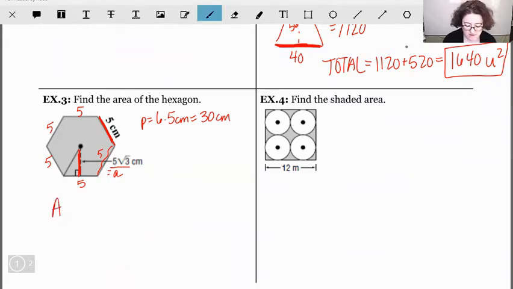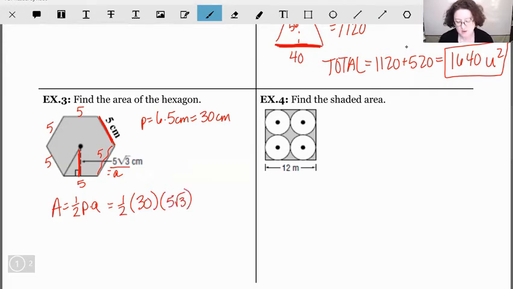So area equals 1/2 P times A. So 1/2, my perimeter is 30, and my apothem is 5√3. And it really depends on how the question is worded, if it wants to give you an exact answer or maybe simplified with the radical in there. But let's go ahead and just type the whole thing in the calculator.